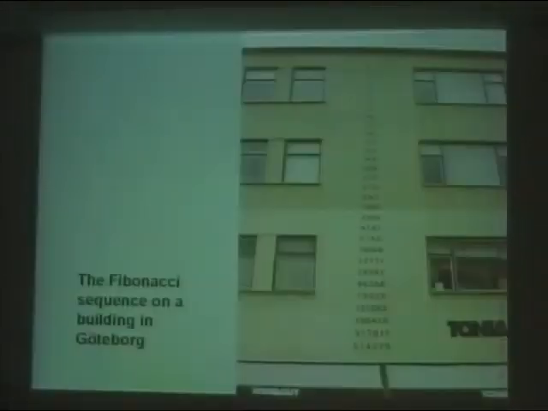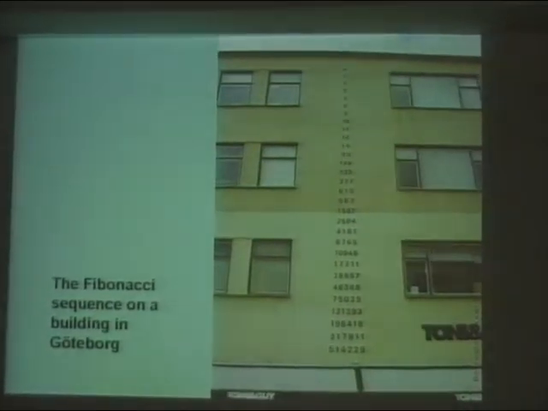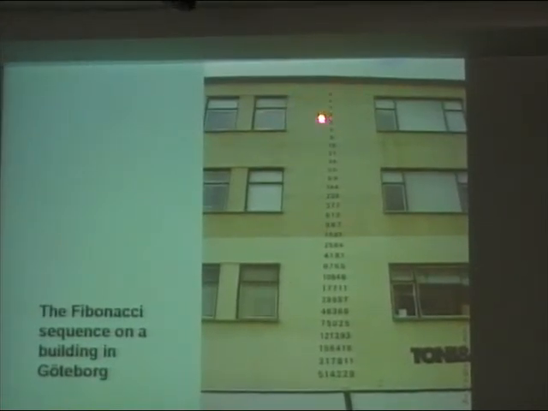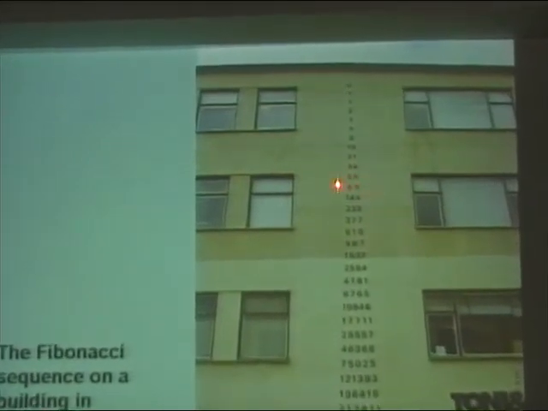And then, of course, people have always been fascinated by this. This is a photograph of a building in Göteborg. And what do we have painted on the side of the building? 0, 1, 1, 2, 3, 5, 8, 13, 21, 34, 55, 89, 144, etc. And what are those? It's the Fibonacci sequence.